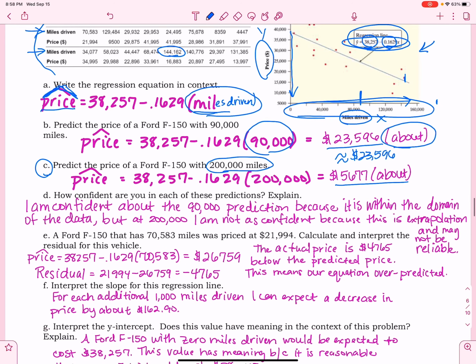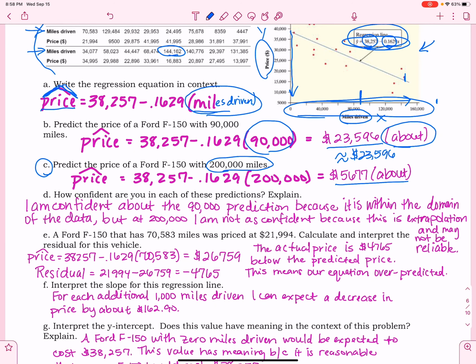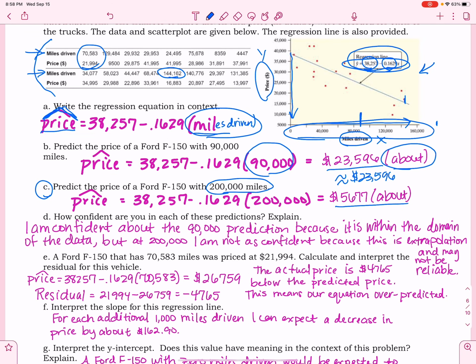Okay, for part E, a Ford F-150 that has 70,583 miles was priced at 21,994. Okay, so this is an actual data point. Okay, so this is an actual value, but we're being asked to calculate and interpret the residual for this vehicle.